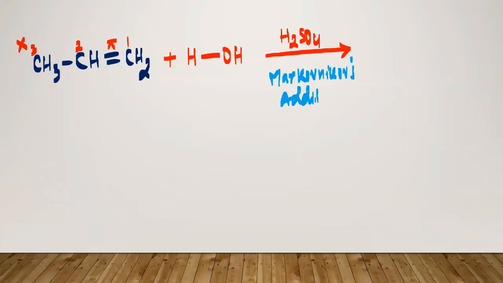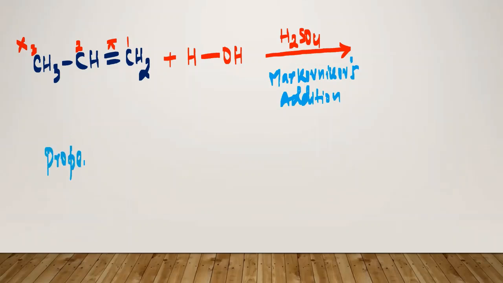It's a very simple thing. In Markovnikov's rule, we first have to find out which carbon in the alkene contains less number of hydrogens. This alkene is propene.